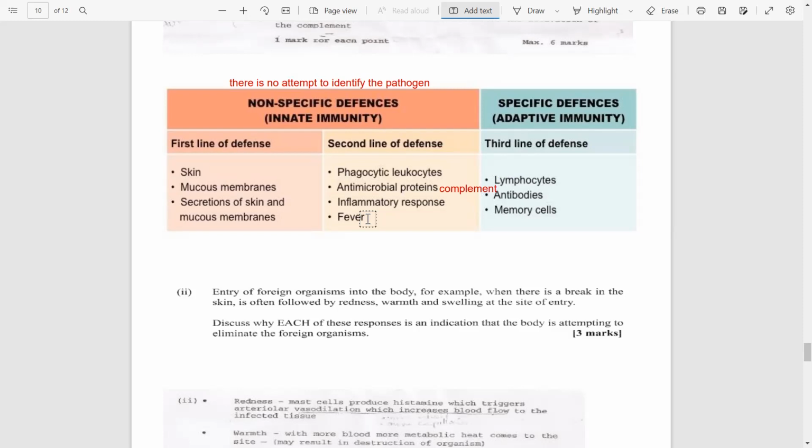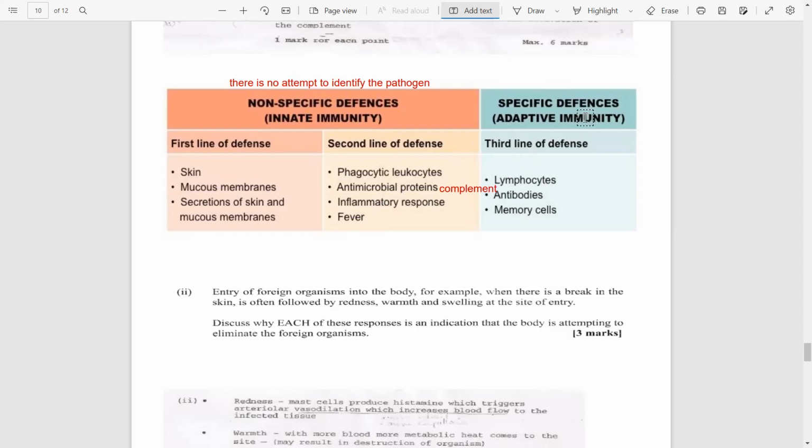Versus if you get stuck on your hand and the hand gets swollen and tender and pus forms in your hand, but you don't get a fever, it means that you have been successful in containing that infection in that location. When you get a fever, it means that the infection is a bit more serious. It could not have been contained in that one location, and a systemic response is now being triggered so that more white cells from all over the body can come and see if they can contain this infection.